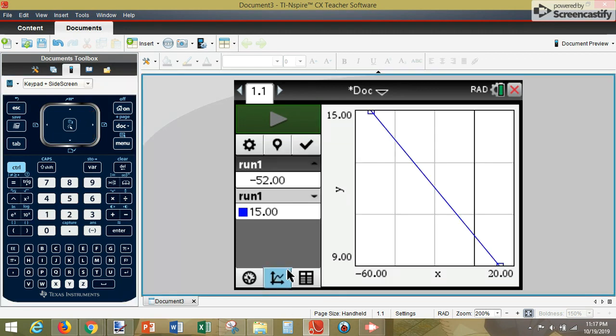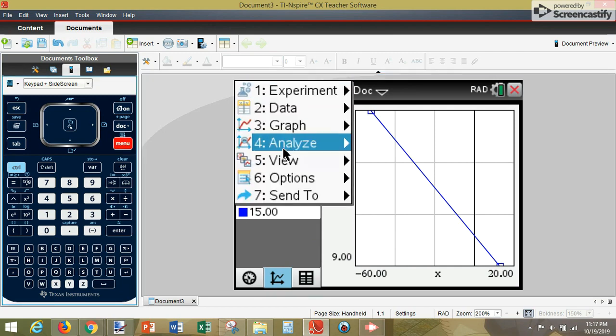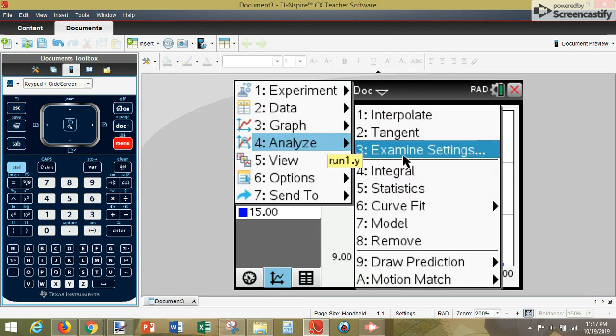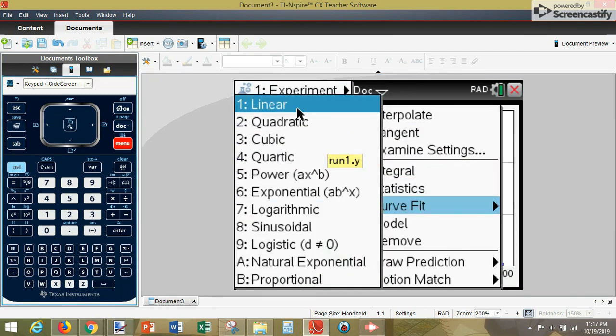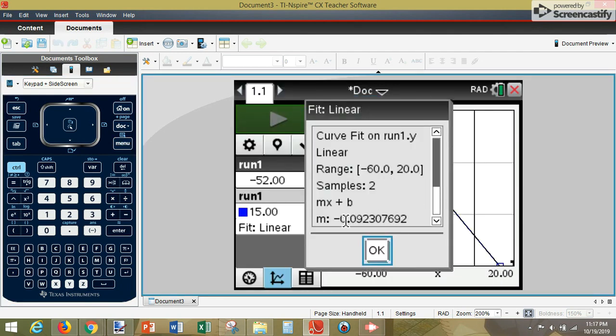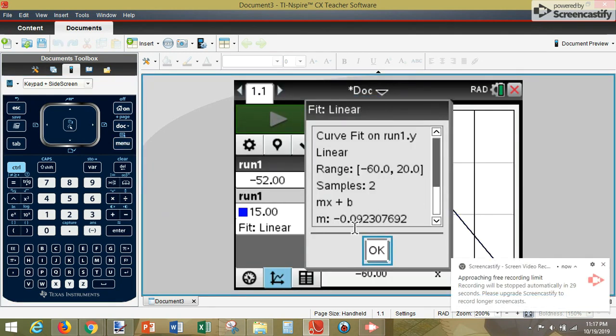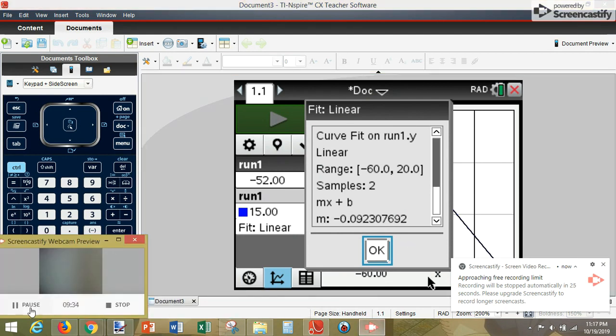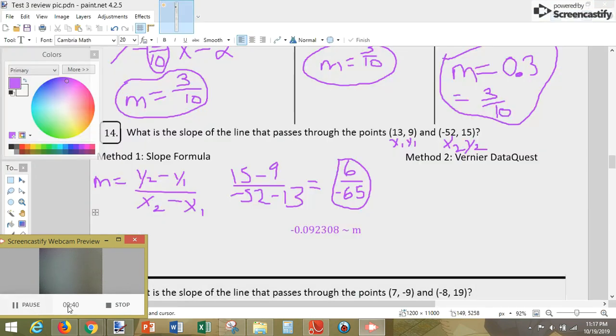Click the graph, menu, 4 Analyze, 6 Curve Fit, 1 Linear. And our slope is negative 0.092307 and so on. That is approximately the same thing we had earlier, so this method also works.